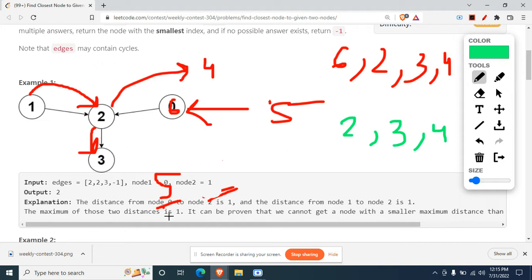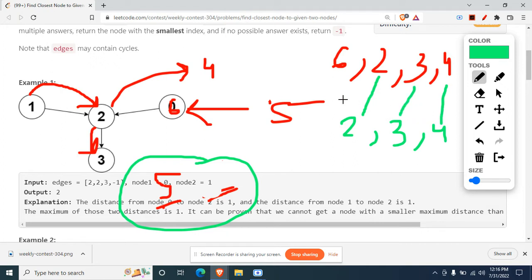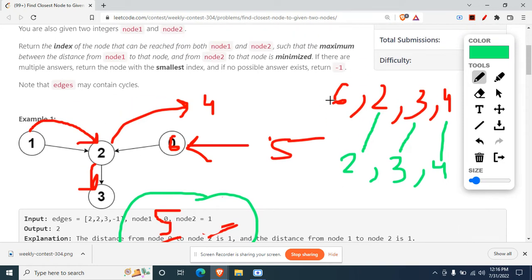Now the question says you have been given two nodes, 5 and 1, perfectly fine. What are the nodes which are visited by both of them? Mind you, both of them. So 2 was visited by both of them, 3 was also visited by both of them, and 4 is also visited by both of them.